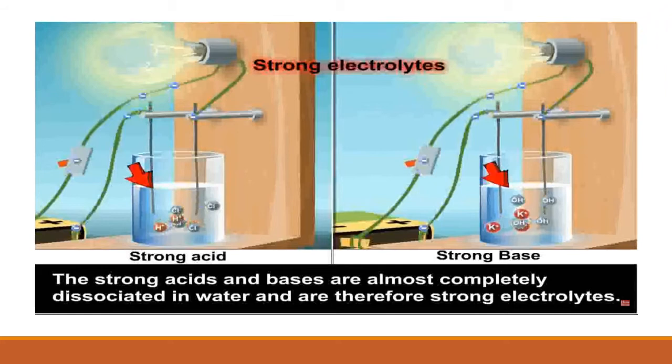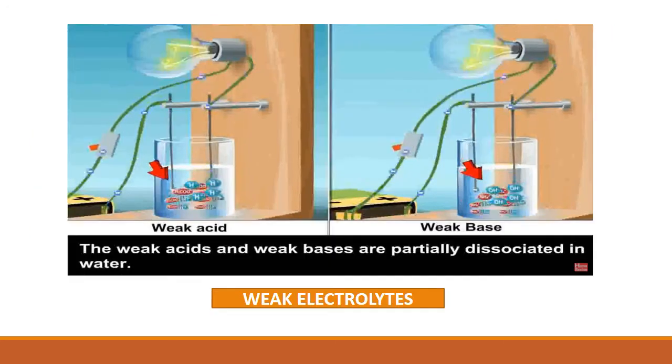If your electrolytes are strong, there will be a conduction of electricity. That's how you can determine if your solution is a strong or a weak electrolyte, depending on the dissociation. A strong electrolyte dissociates 100%.